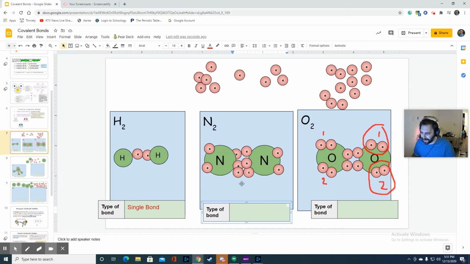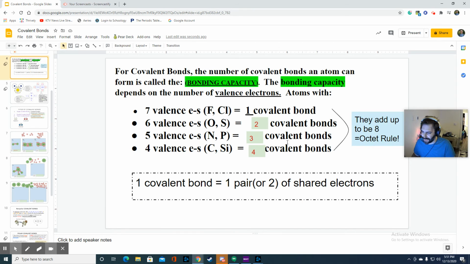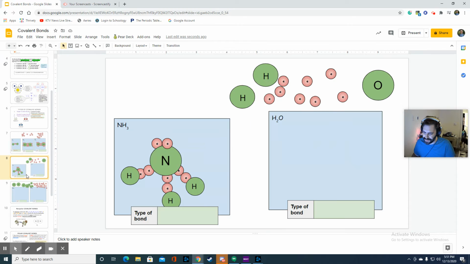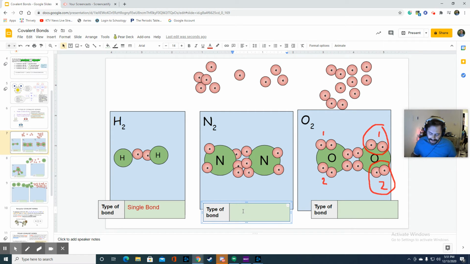All right, so what type of bond is this? I see 1, 2, 3 covalent bonds. Okay, so if you see 3 covalent bonds between the same atoms, that's a triple bond. See, there's 2 covalent bonds here between the same atoms.